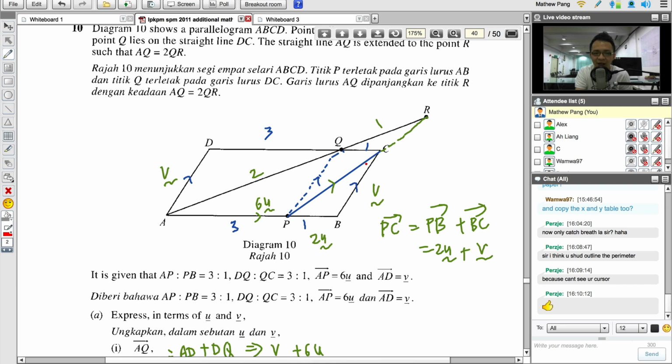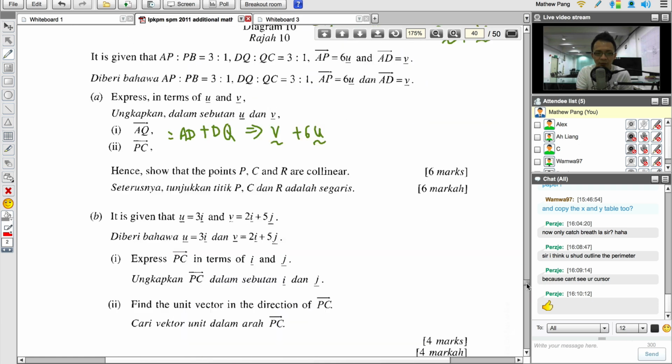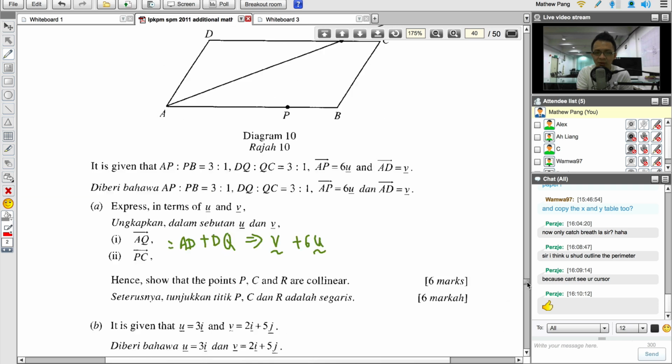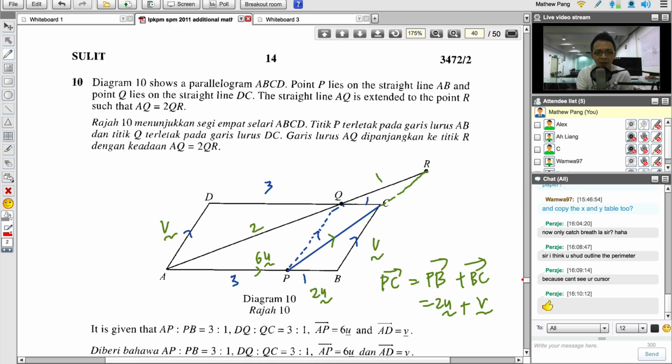Let me think about that. Wait for a while. Let me read the question one more time. Show that PCR are collinear. Okay, we got PC. How to find PR? PA plus AR. Yeah, we can do that. Yes, thank you so much.